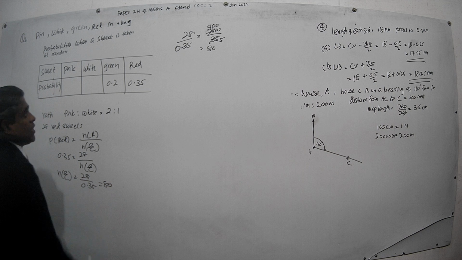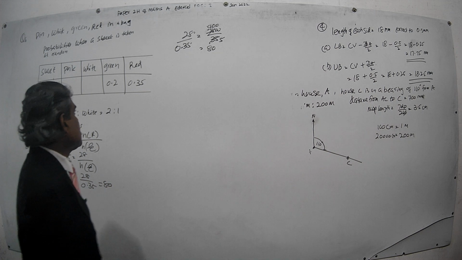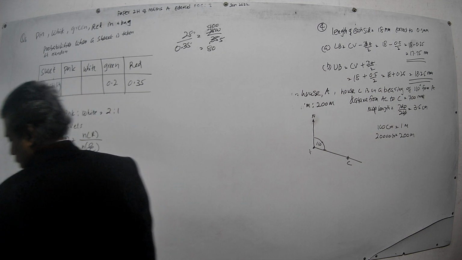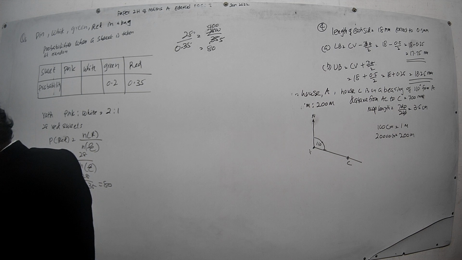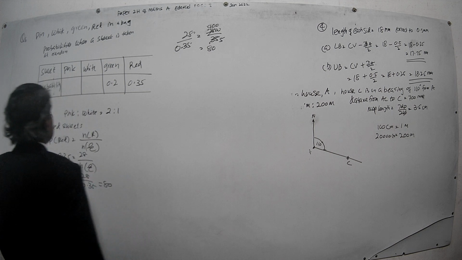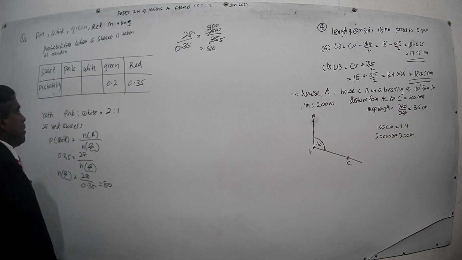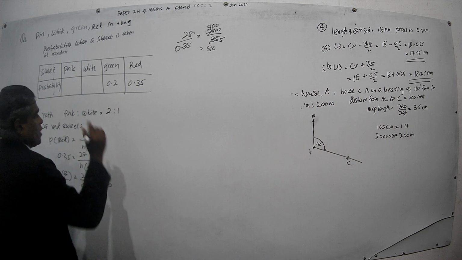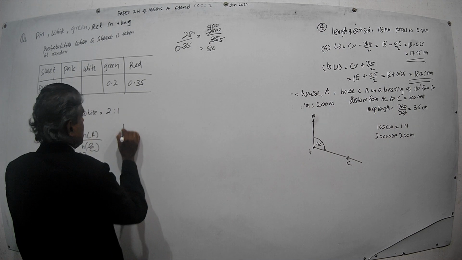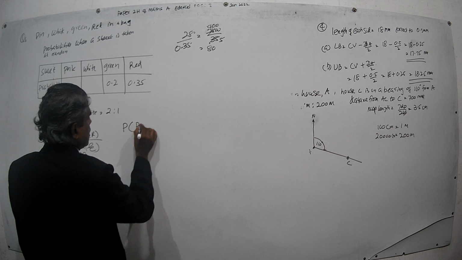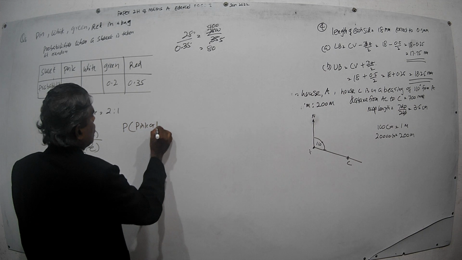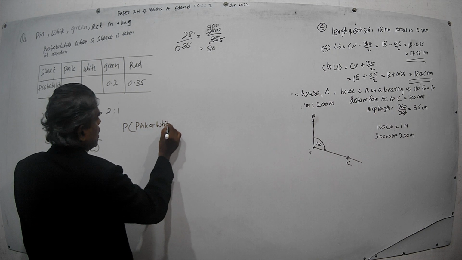Okay. That is one piece of information we need. What do they ask? The number of white sweets. Then we will find the probability of white sweets. How do you find that? You get the total probability of pink or white, P pink or white, which is the sum of the two probabilities.